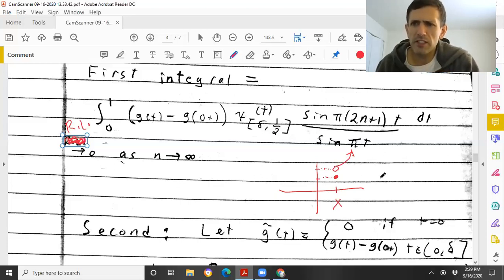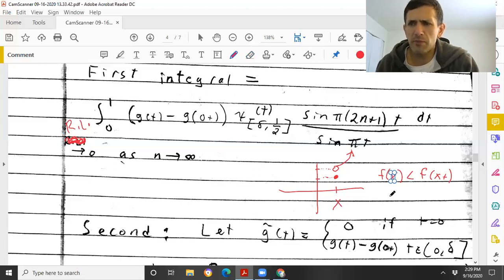So in this case, f of x is certainly strictly less than f of x plus.